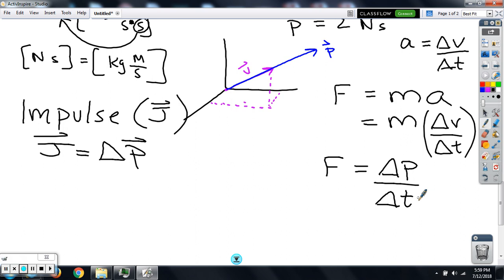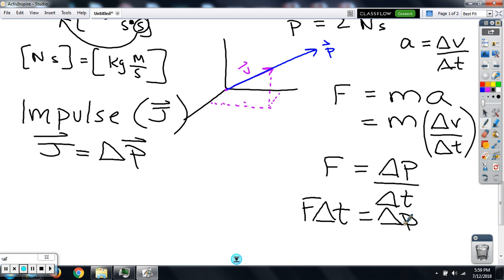And that's actually how Newton describes his second law in his book. But then you could multiply both sides by delta t, and you get it into this form, that delta p equals force times delta t.